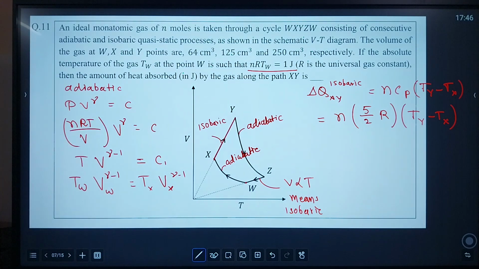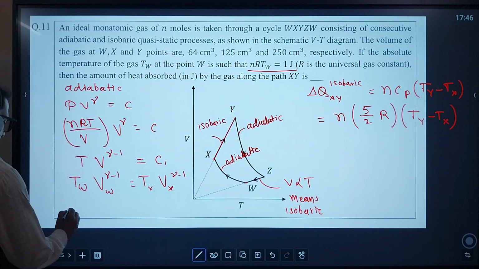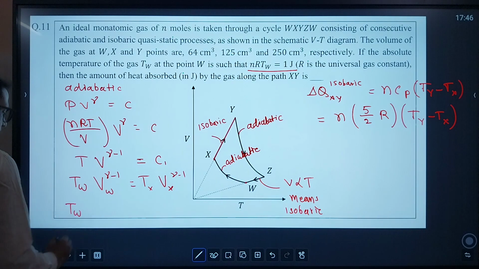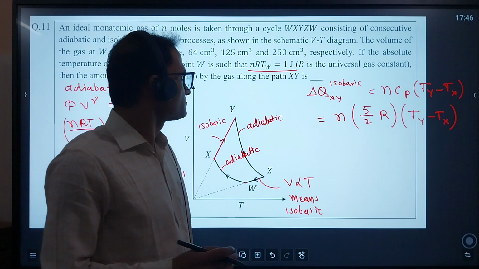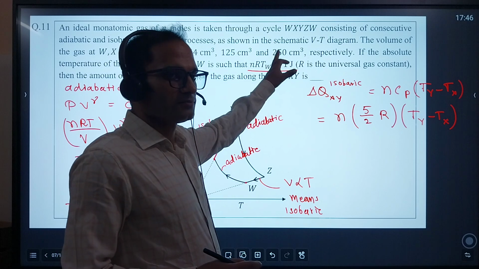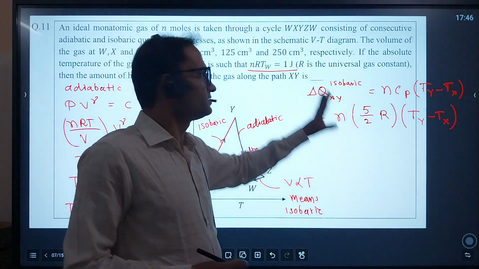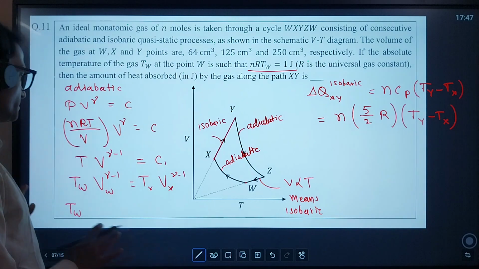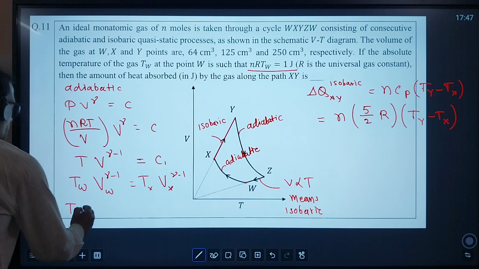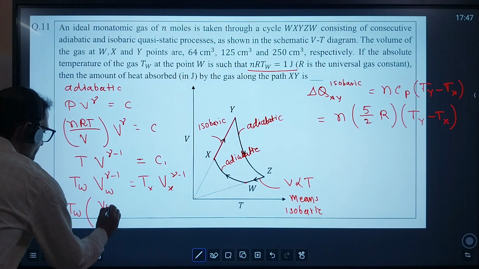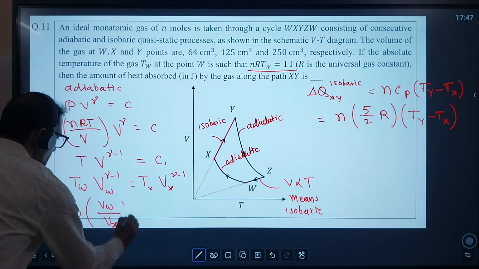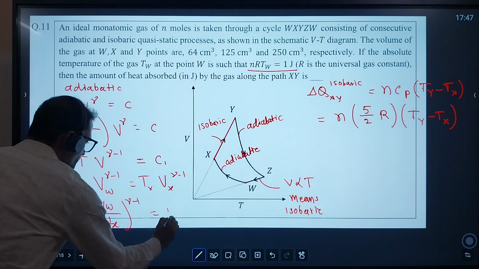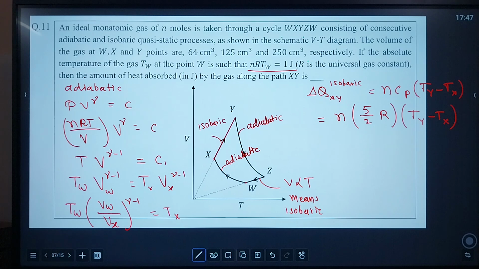And we have good news. We actually need the temperatures in terms of Tw, so we have no problem with Tw. So Vw by Vx to the power gamma minus 1, times Tw, is equal to Tx.